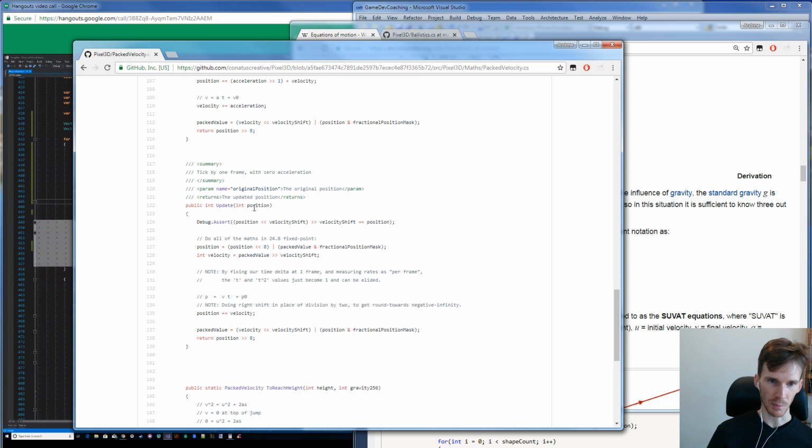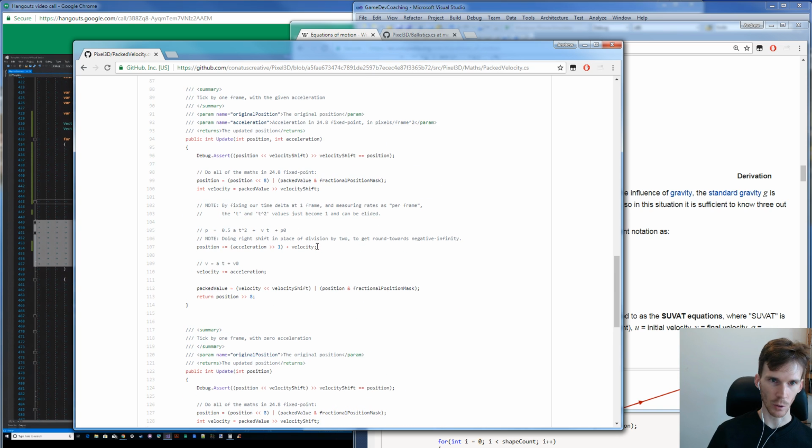But over here is this update method. This is how we do the iterative method of velocity plus acceleration. So here it is: position equals half acceleration t squared plus velocity times t plus p0.